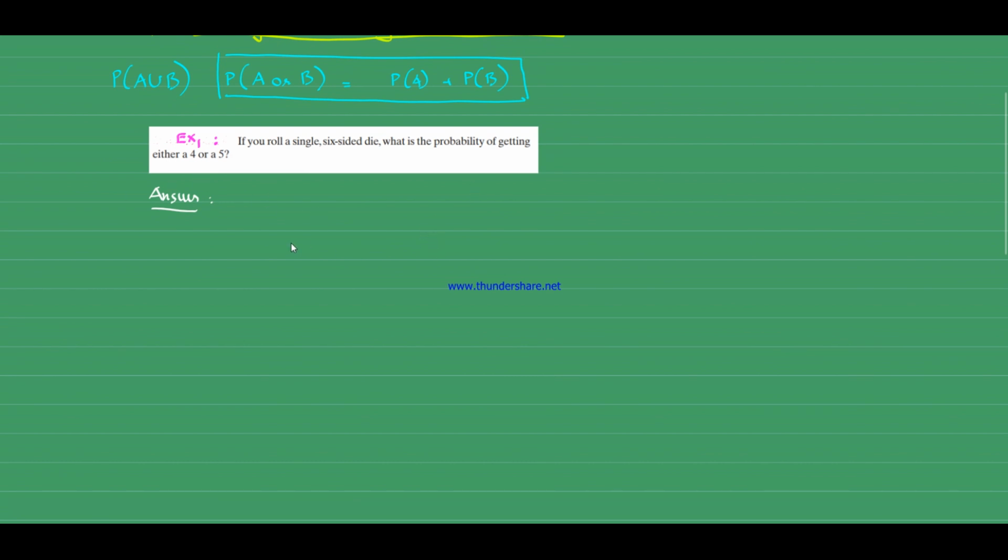So the probability of getting 4 or 5: getting 4 is event A, and getting 5 is event B. The probability of getting 4 is 1/6, because of 6 faces, and you add the probability of 5, which is 1/6 also.